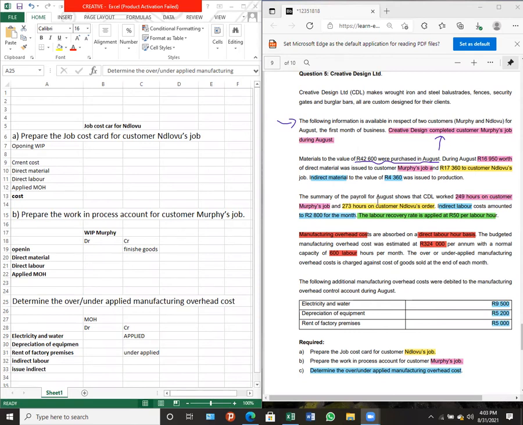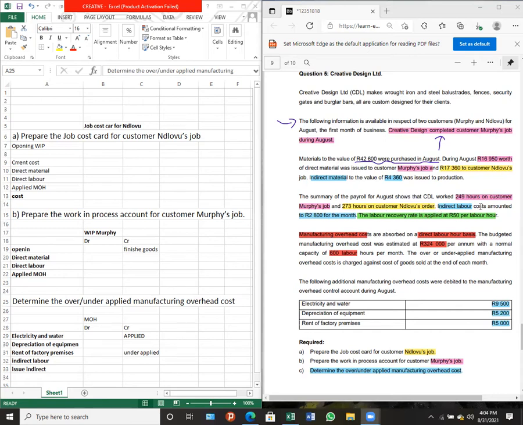The summary of the payroll for August shows that Creative Design Ltd worked 249 hours on customer Murphy and 273 hours on customer Ndlovu.